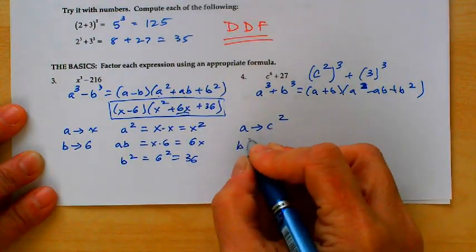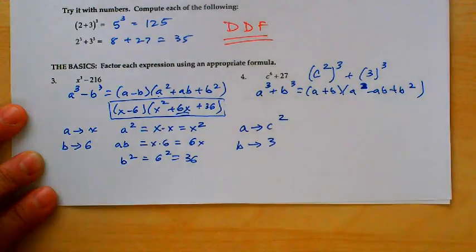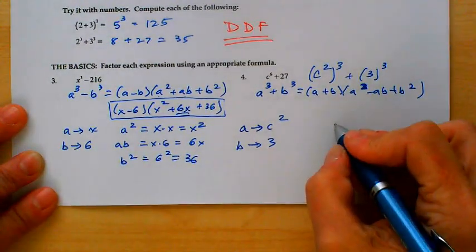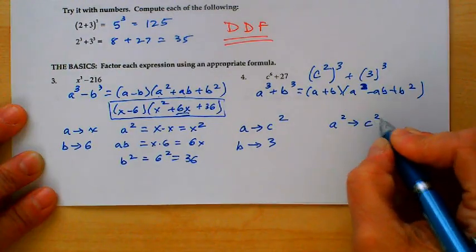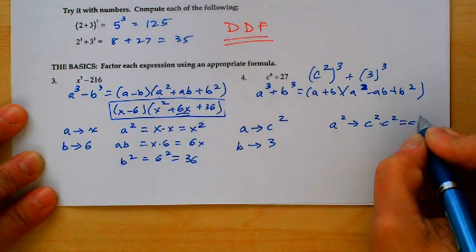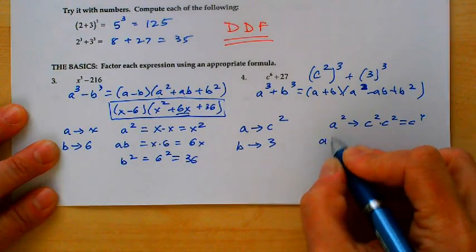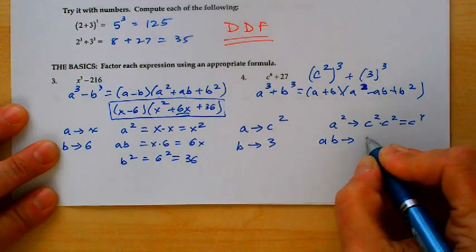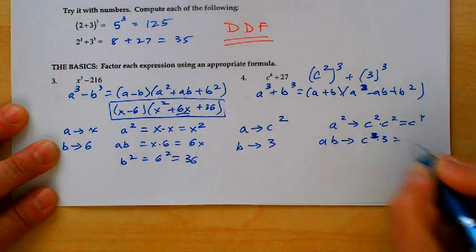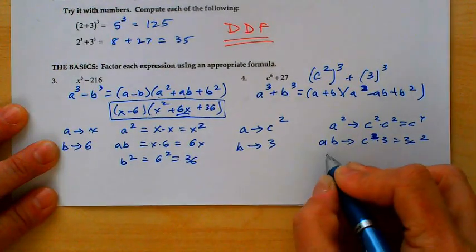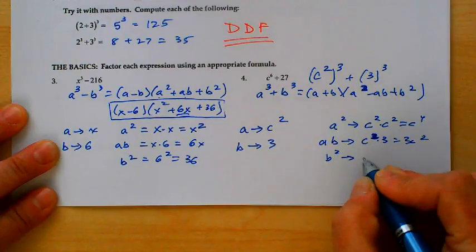In the place of b, I will use a value of 3. And that makes my a squared value c squared times itself. That makes my single product, whoopsie, 3c squared, and that makes my last square a 9.